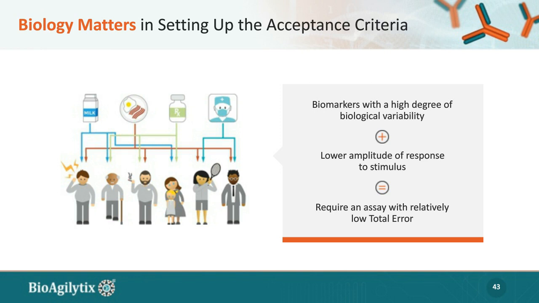But for today, if you look at biomarkers with a high degree of biological variability, and you're dealing with low amplitude of response due to stimulus, as I said, you have only 10, 20% pre versus post dose, these require assays that have a relatively very low total error, and vice versa.